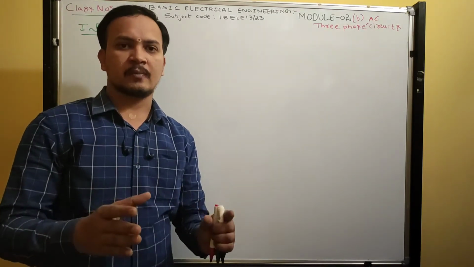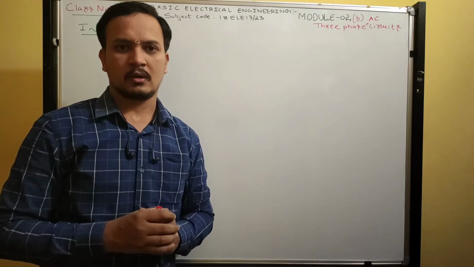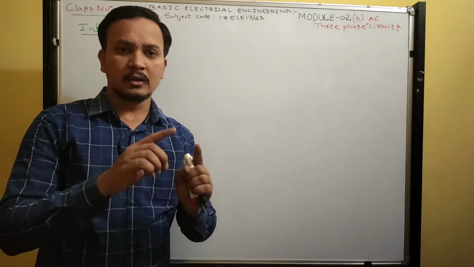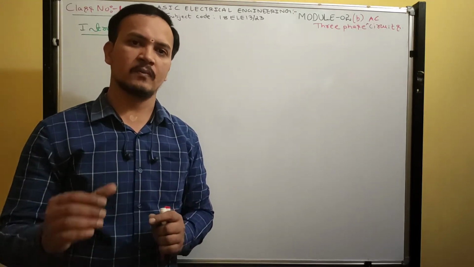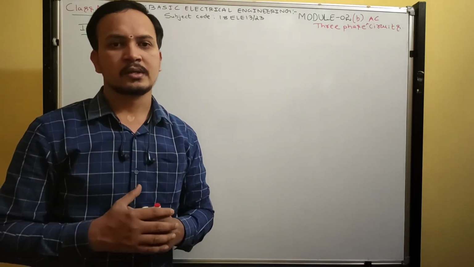A 3-phase system is nothing but 3 phase voltages having constant magnitude and frequency, and all these voltages are displaced by 120 degrees with respect to each other. That is nothing but the 3-phase supply system.